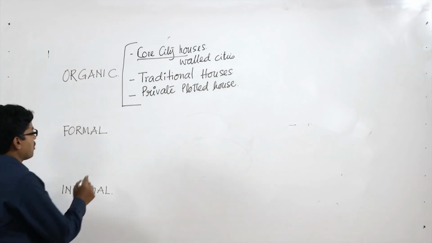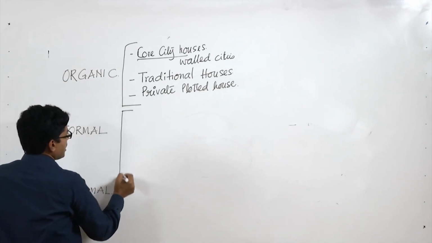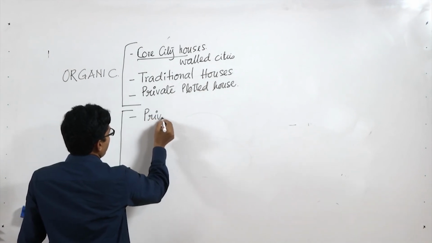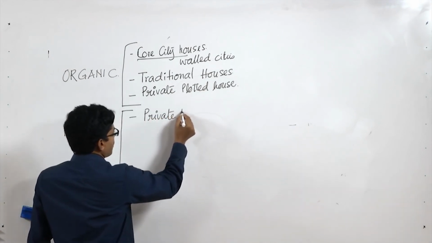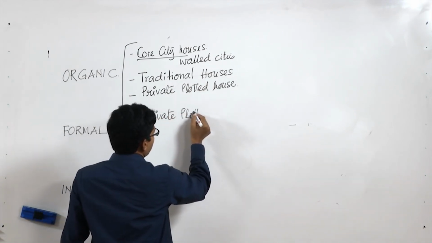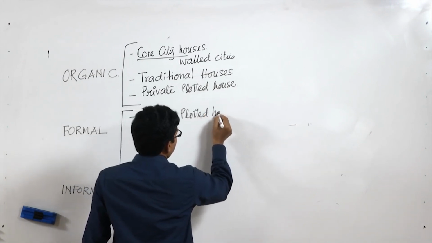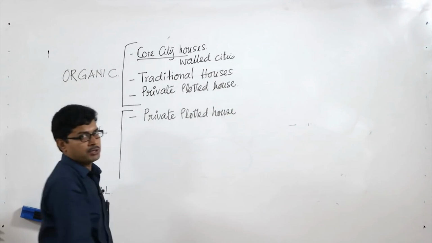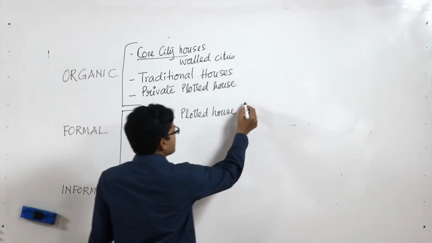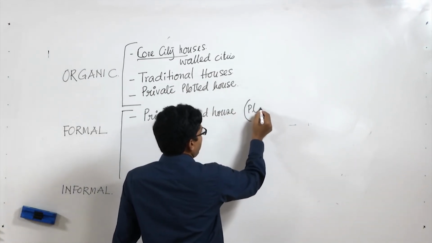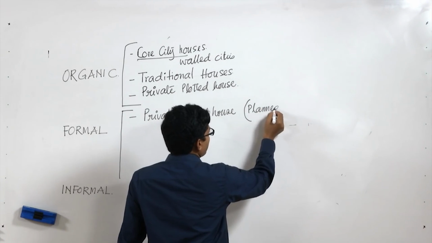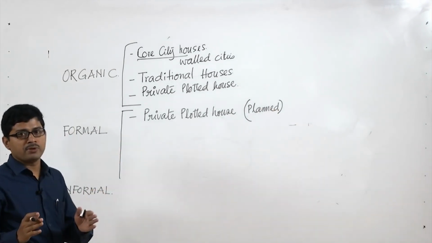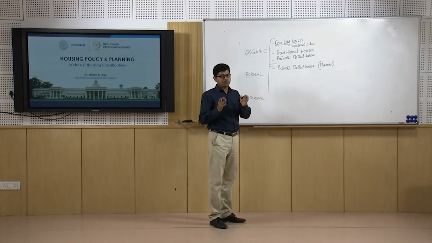Next we come to the formal houses. The first category will be again the private plotted house, but the difference is that this is done in a planned and formal way, where the plot is given by the government along with the basic infrastructure.